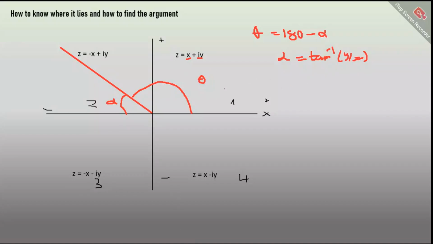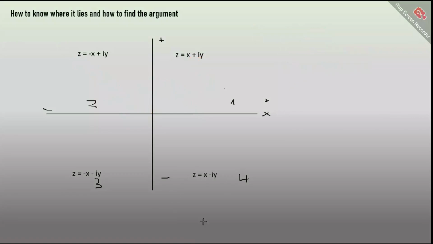Okay, let's move on to the next one. What about in the third quadrant? From the positive x-axis, this is not our point of interest. This one is. So theta is going to be where? This is theta.